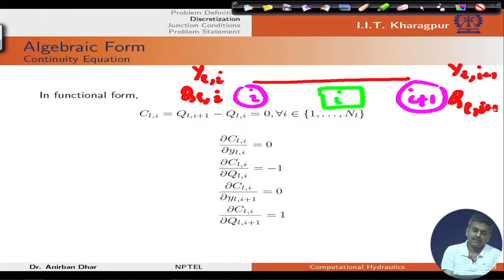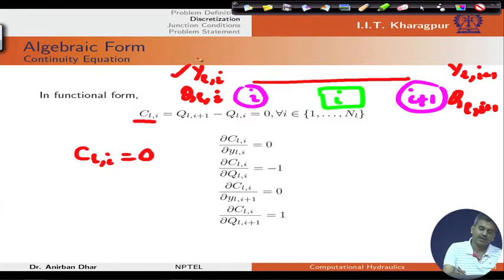Now, in this case if we have one equation, we should get derivative terms with respect to these variables. So, if we have C L I equals 0, this is our functional form, we should differentiate it with respect to Y L I, Q L I, Y L I plus 1, Q L I plus 1. First of all, we do not have any y here, so this is 0.